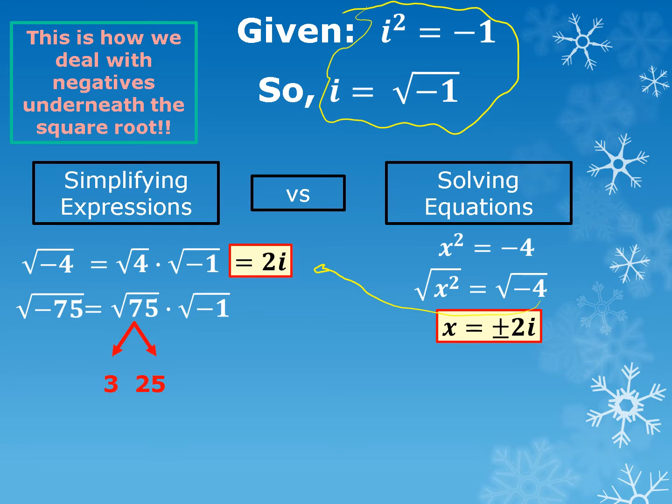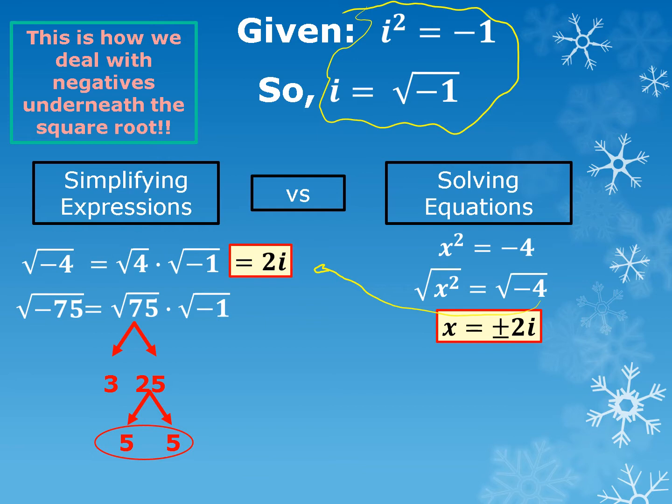And then I know that 25 breaks down into 5 times 5. So I have two 5s. Since I have two 5s and this is the square root, they get to come out of the square root as a single 5. Because think about it, the square root of 25 is 5. And then the 3, it doesn't have a partner, so it's got to stay inside the square root.